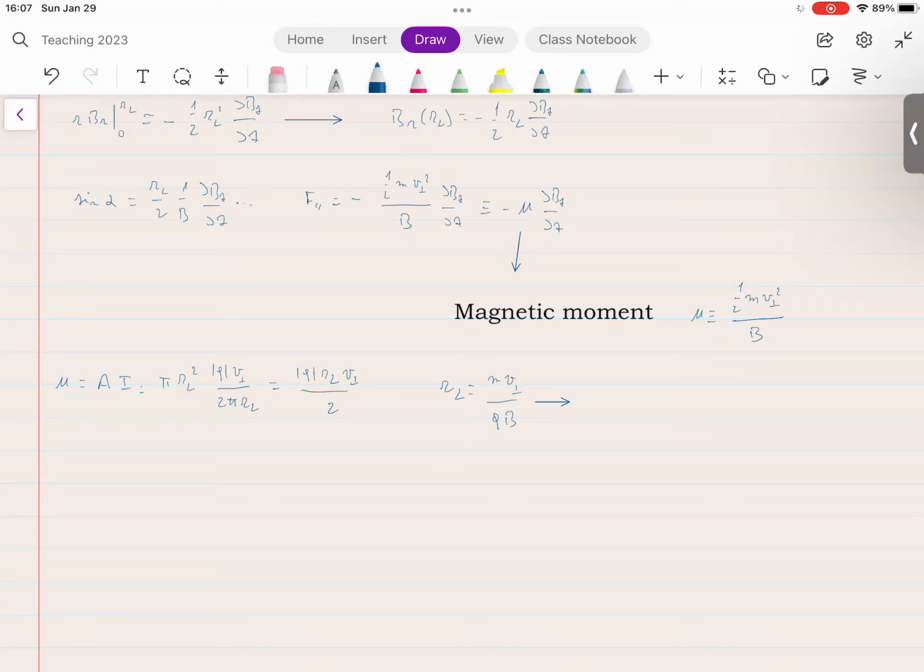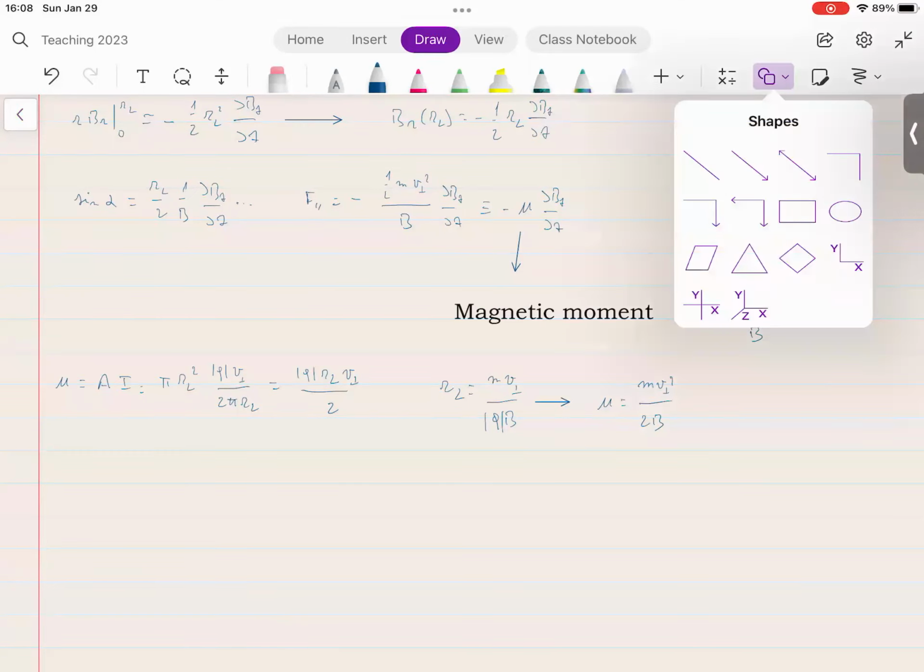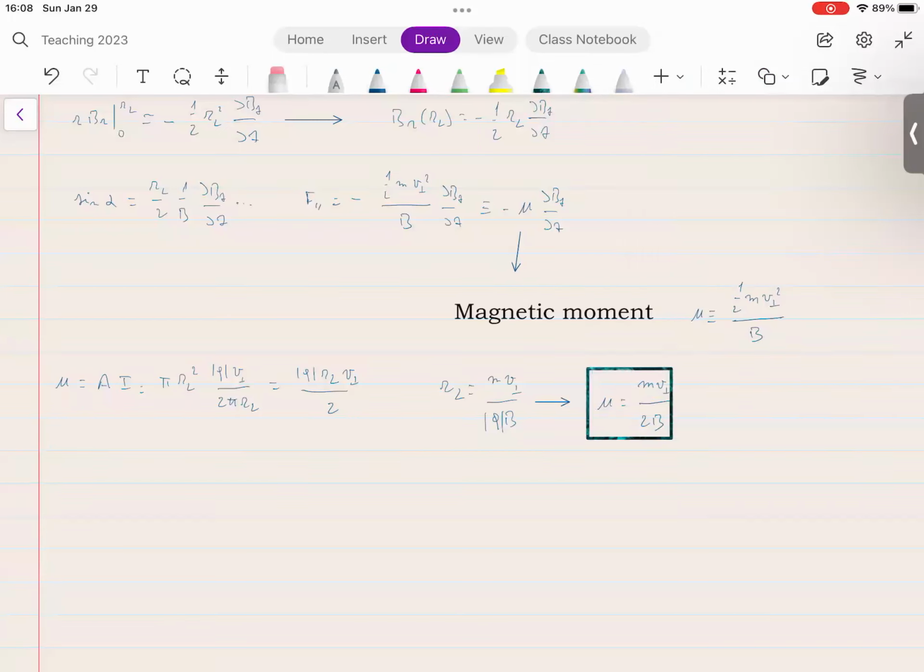With this second definition, I still get that mu is m v perp squared divided by 2B. I can put an absolute value of q here as well to emphasize that I mean a positive quantity for the Larmor radius. I'm going to square both of these expressions just to emphasize that they're identical.